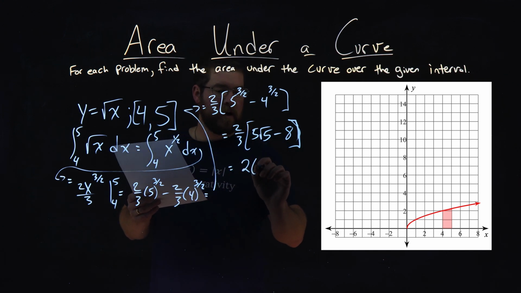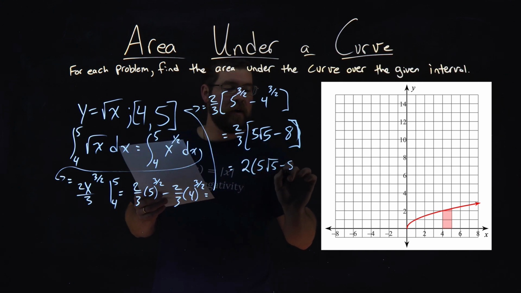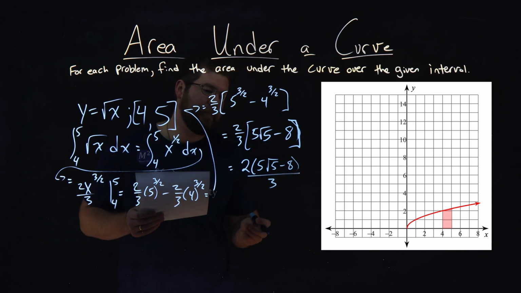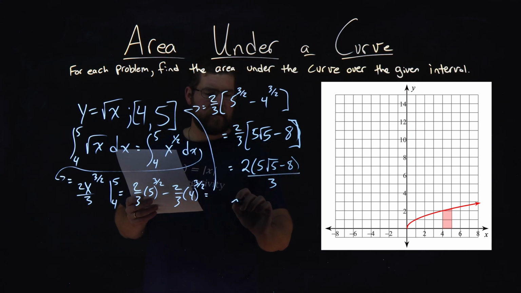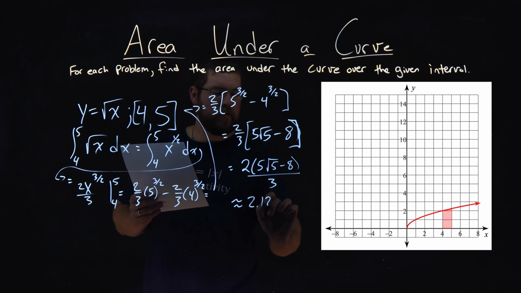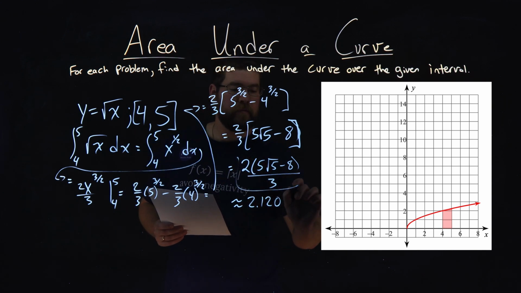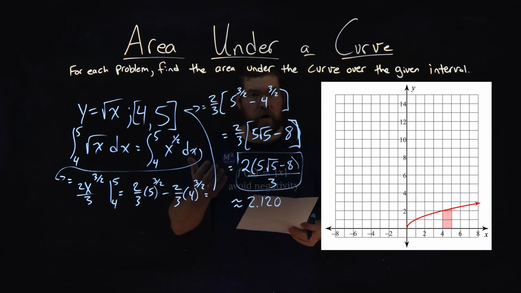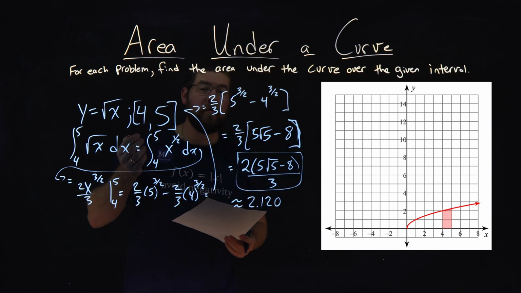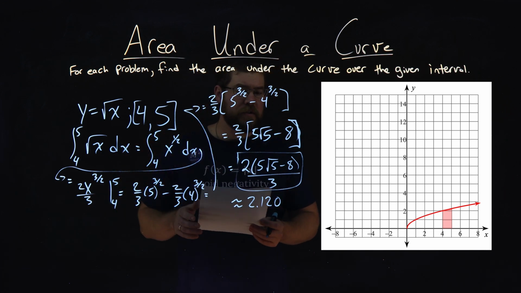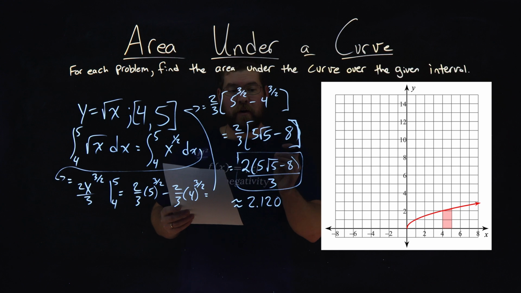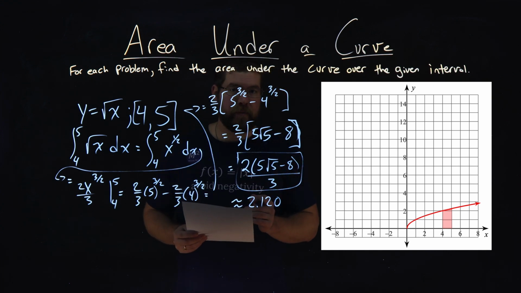And we have 2 times 5 square root of 5 minus 8 over 3. Now if you want to write this as a decimal, this is approximately 2.120. Either way, we have our final answer for the area under the curve over the interval from 4 to 5, which is 2 times 5 square root 5 minus 8 over 3.